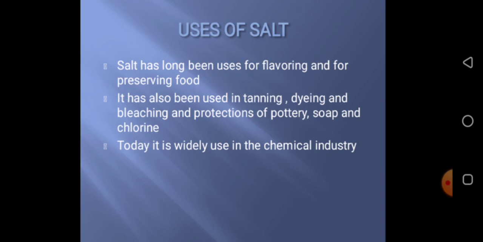So it is used as a flavoring agent and a preserving agent. It has also been used in tanning, dyeing, and bleaching, and protection of poultry, salt and chlorine. So these are the uses of salt. Today it is widely used in the chemical industry.